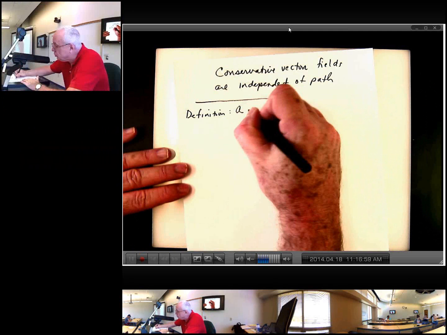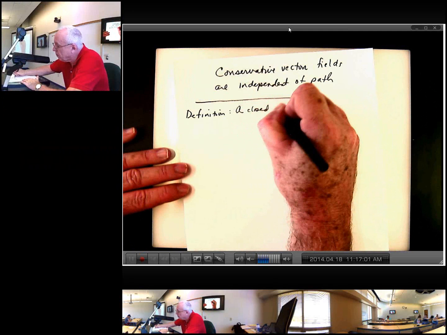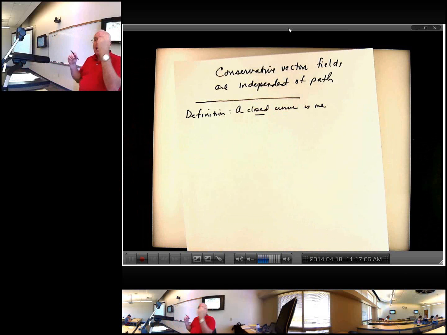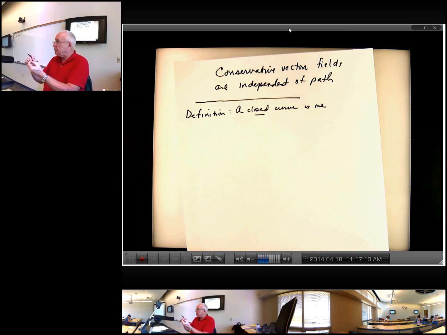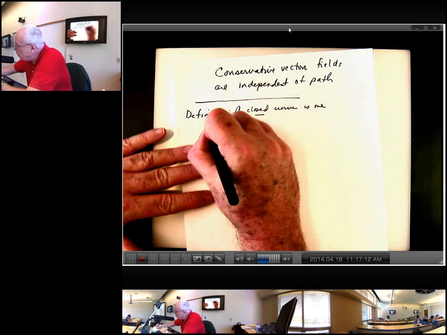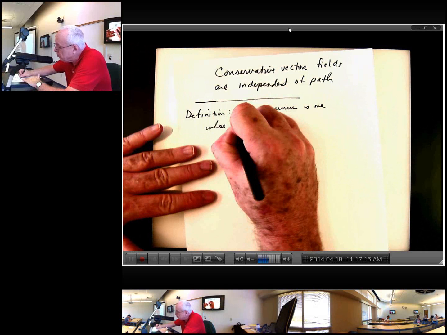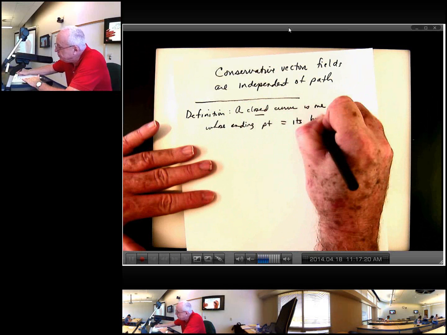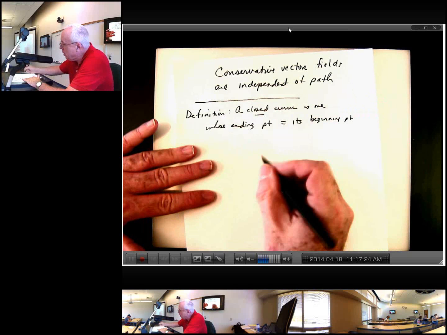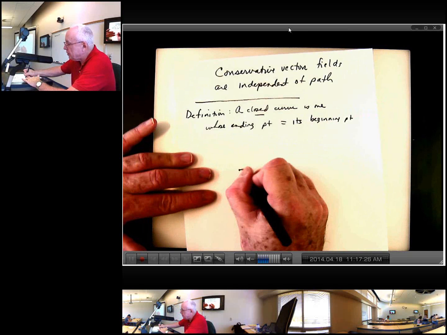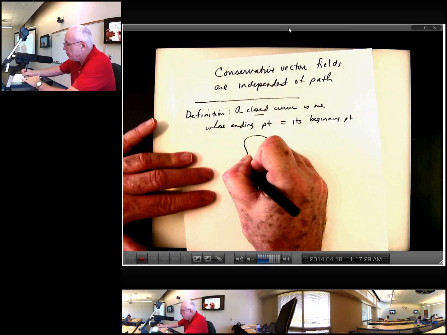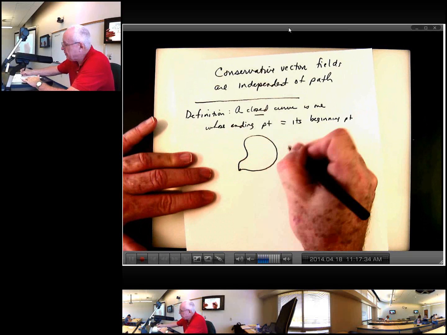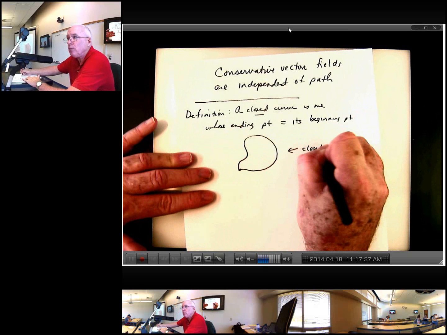A closed curve is one whose ending point equals its beginning point. So here we have a curve. We're starting out here, going around, and we're going to end right where we began. This is a closed curve.